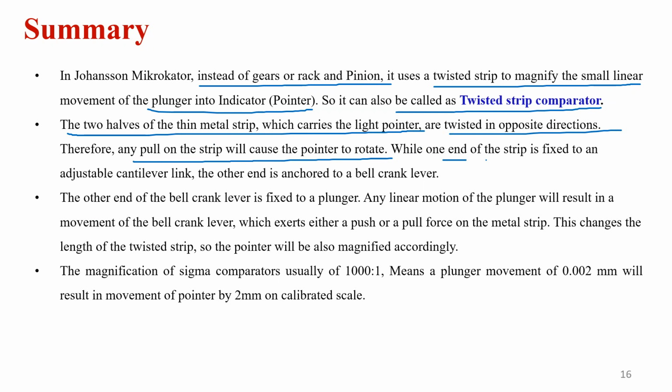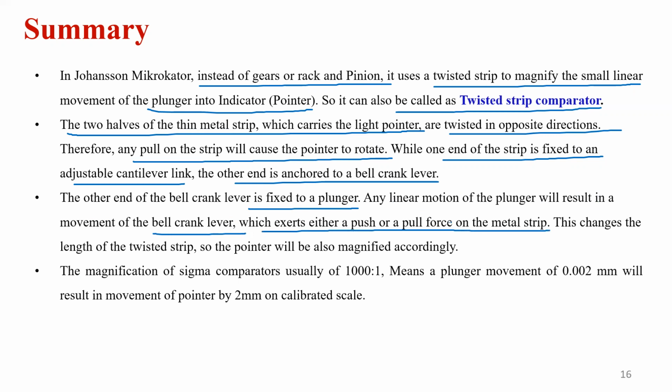One end of the strip is fixed to an adjustable cantilever link, and the other end is anchored to the bell crank lever. And the other end of the bell crank lever is also fixed to the plunger. So any linear motion of this plunger will result in movement of the bell crank lever, which exerts either a push or pull force on the metal strip. So this will change the length of the strip, so the pointer will also be magnified accordingly.